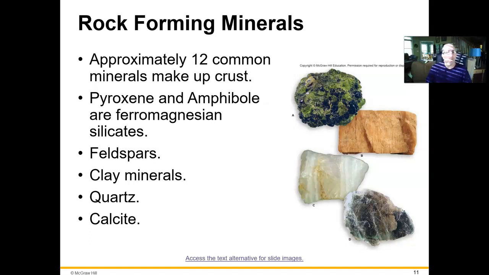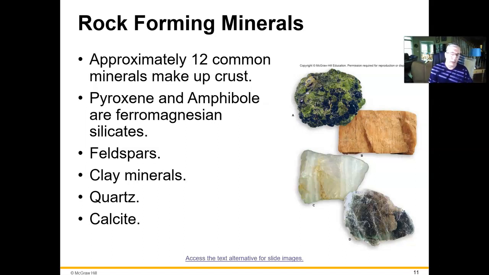So, rock forming minerals, we have 12 that are the most common. You're going to see different names of these. You'll see these in your book. I'm not going to spend a lot of time on these. Just know that when you see certain words like ferro, you see in the second bullet point there, ferromagnesium silicates. We just saw the silicate is silicon and oxygen minerals. And ferromagnesium refers to ferro.